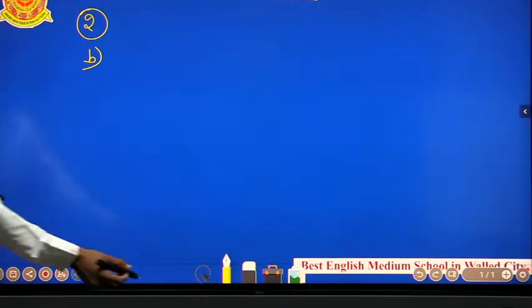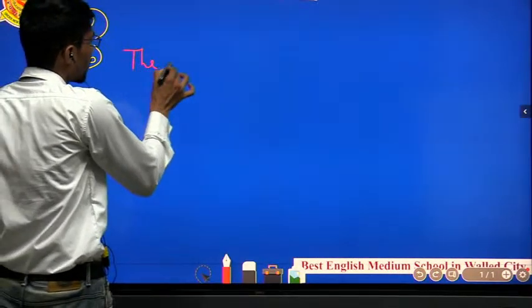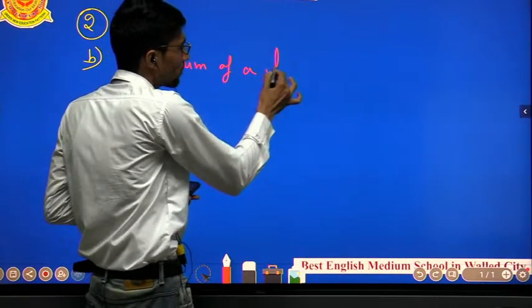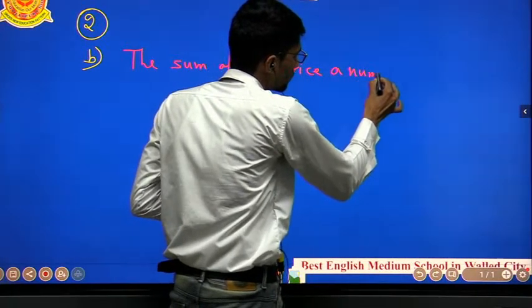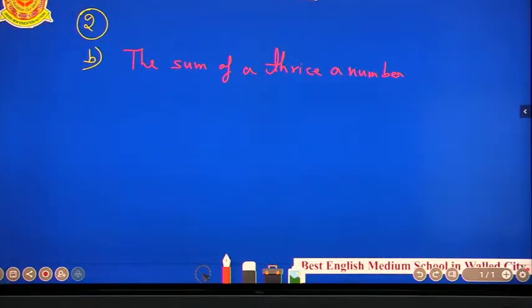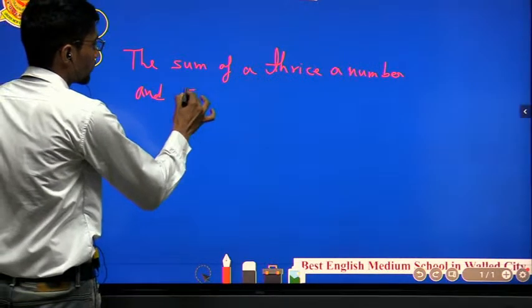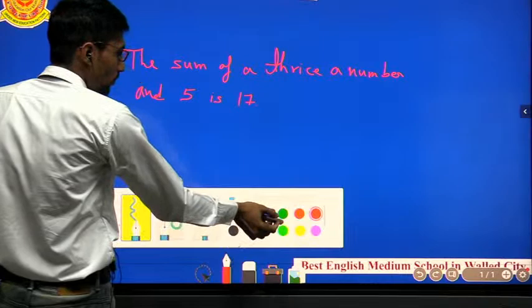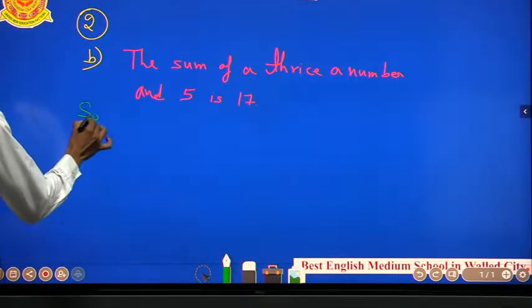The sum of thrice a number and 5 is 17. This one we have to write into an equation form.